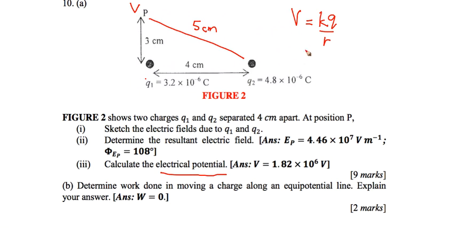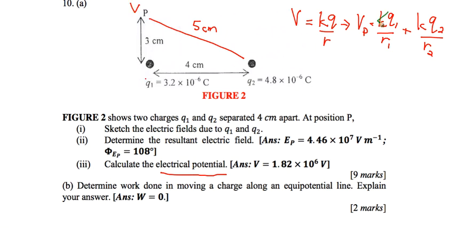So at the point P the potential is kQ1 over R1 plus kQ2 over R2, and this R2 is 5 cm.